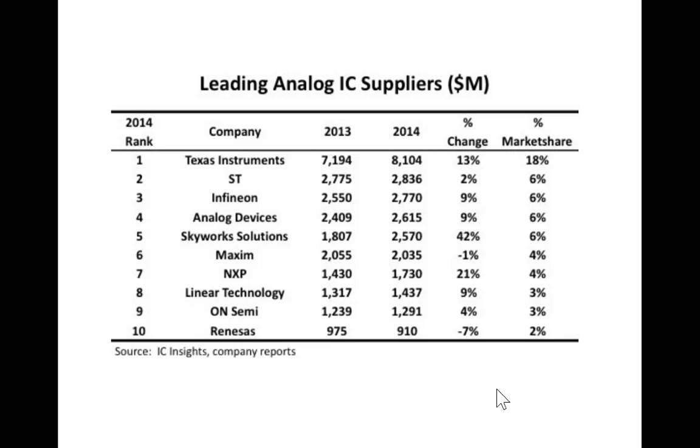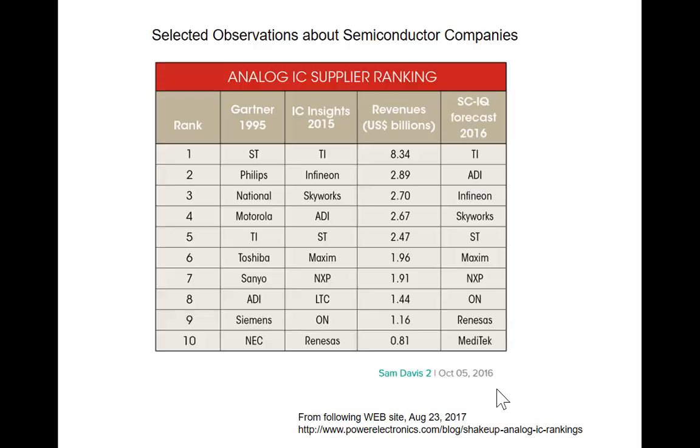But the ironic thing is, if you go back about 10 years earlier and plotted the rankings, ST was number 1, Philips was number 2, National was number 3, Motorola was number 4, and TI was number 5.